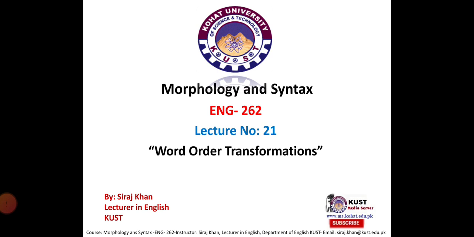Now, the word order in a sentence varies from language to language. If we talk about the English sentence, it starts with the subject followed by a verb, and the verb followed by an object. Here in Pakistan, we are speaking more than one language.